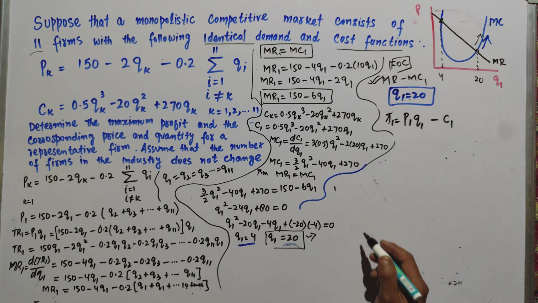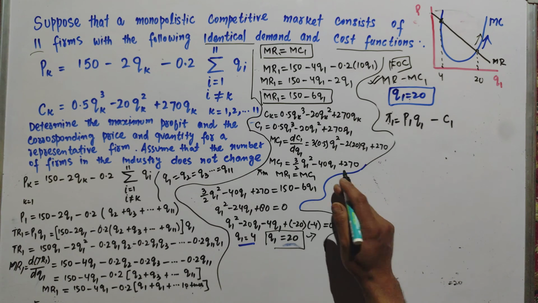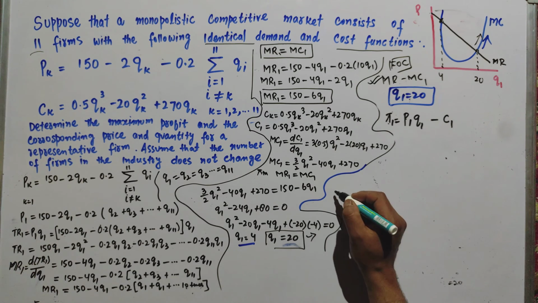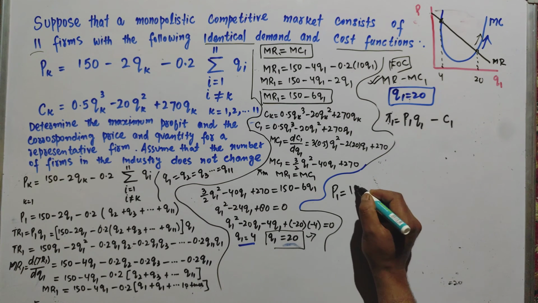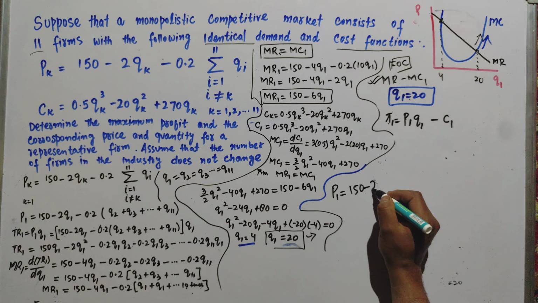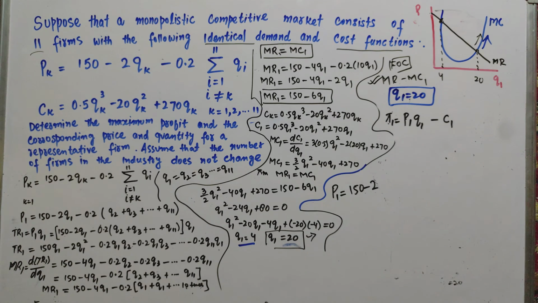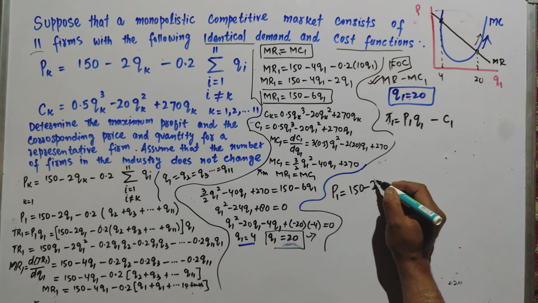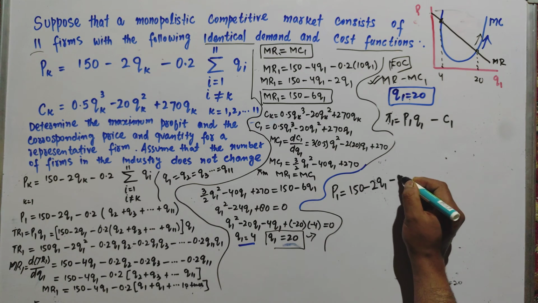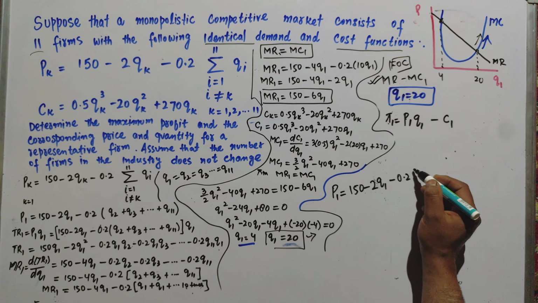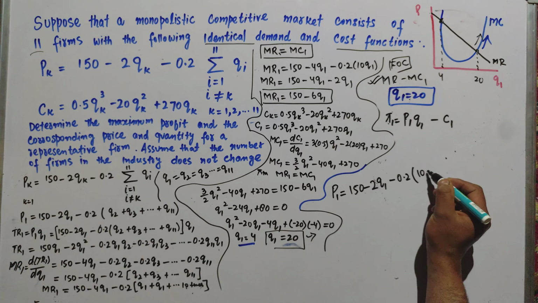So let's write what the market price will be. The profit maximizing price will be equal to 150 minus 2 Q1 minus 0.2 times 10 times Q1.